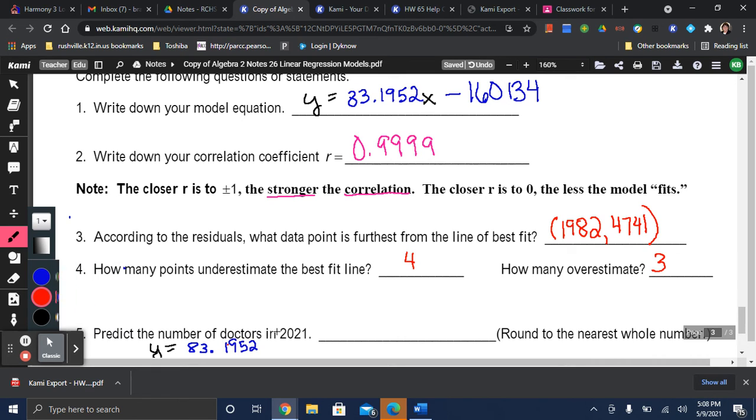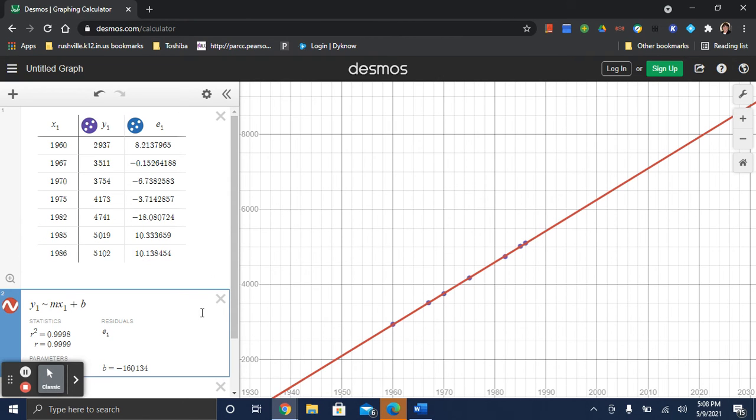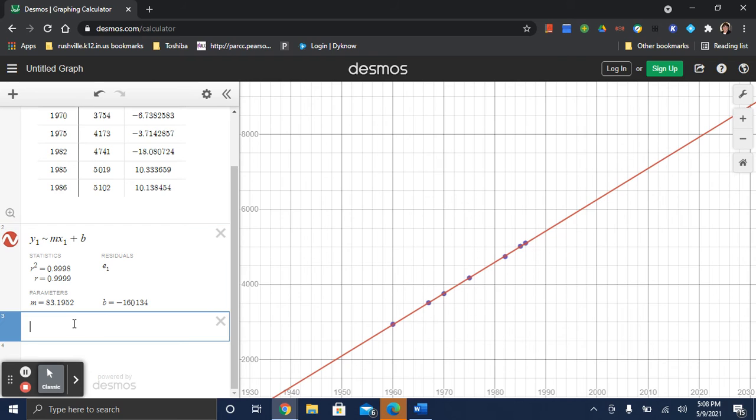And then we're going to put in 2021 for the X, and then minus 160,134. All right, if we do that calculation, and we can use Desmos for it, we'll find out what the line would predict as the number of doctors in that year.